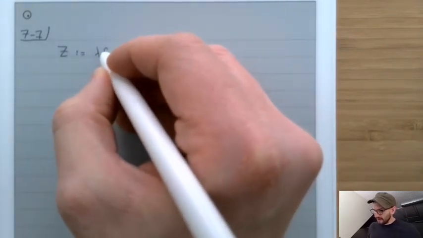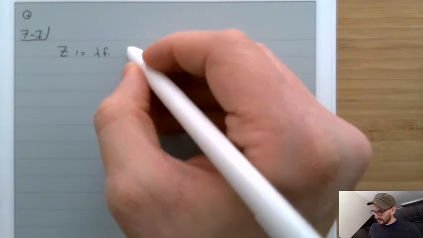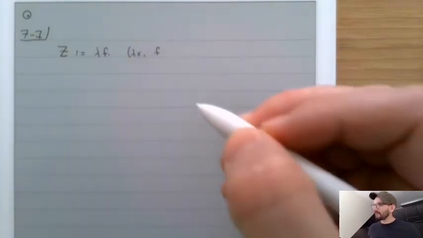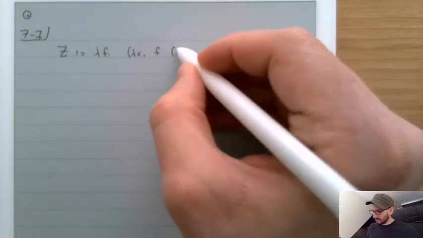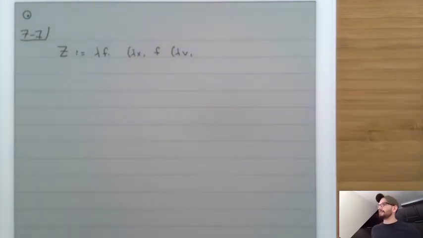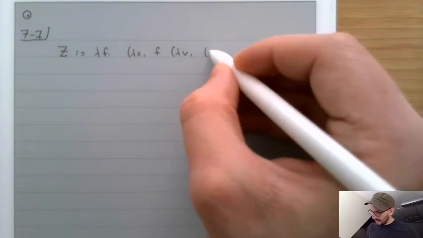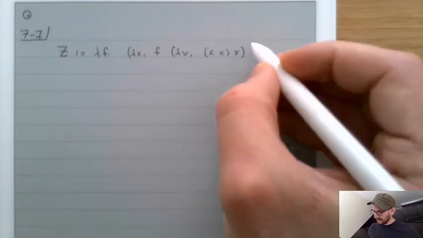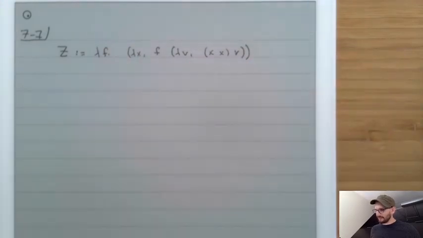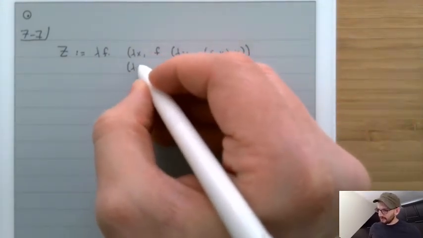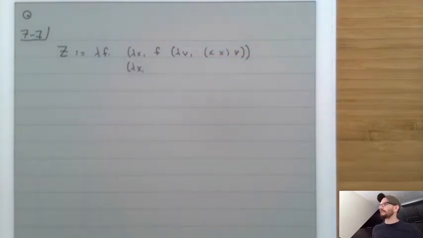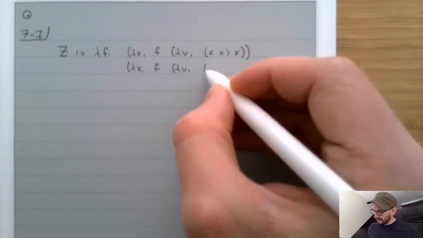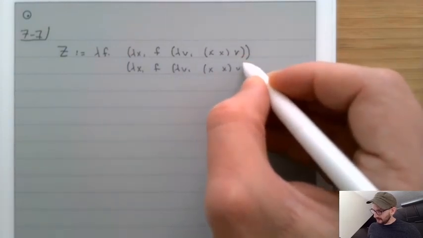It says lambda f, lambda x, f applied to lambda v, x applied to x, applied to v. That closes that parenthesis, this closes that parenthesis. And then we're going to call this function with another thing, lambda x, f, lambda v, x, x, v.